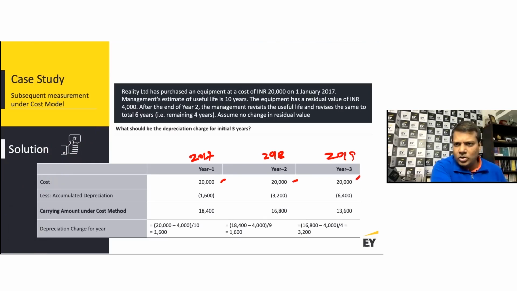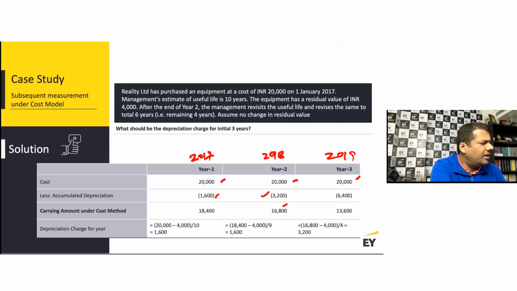There is no change in the cost. My depreciation is 1,600 because 4,000 is my residual value. So 20,000 minus 4,000 is 16,000 divided by 10 years, right? 10 years is my original estimated useful life. So 1,600 for year one. My year two accumulated is 3,200. Then my carrying amount is 16,800 depreciated.